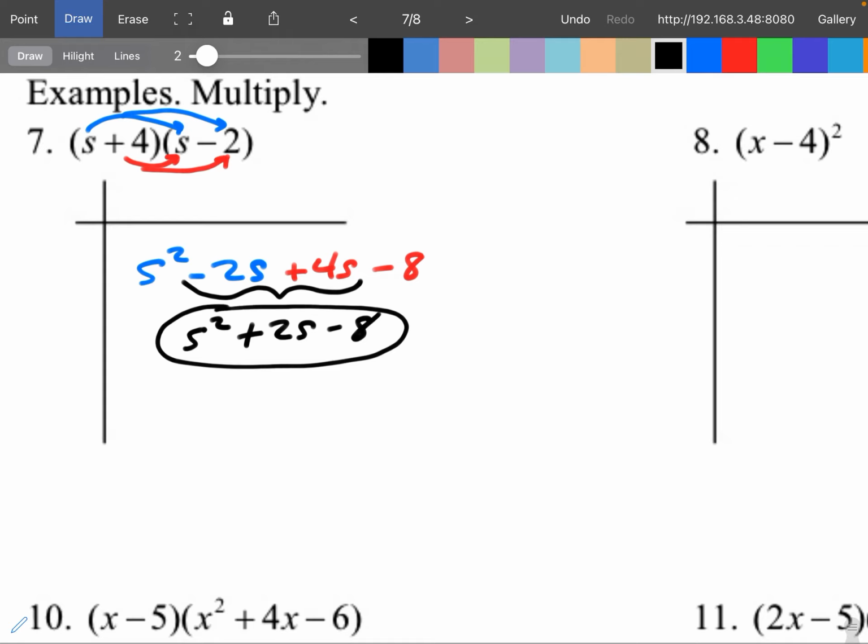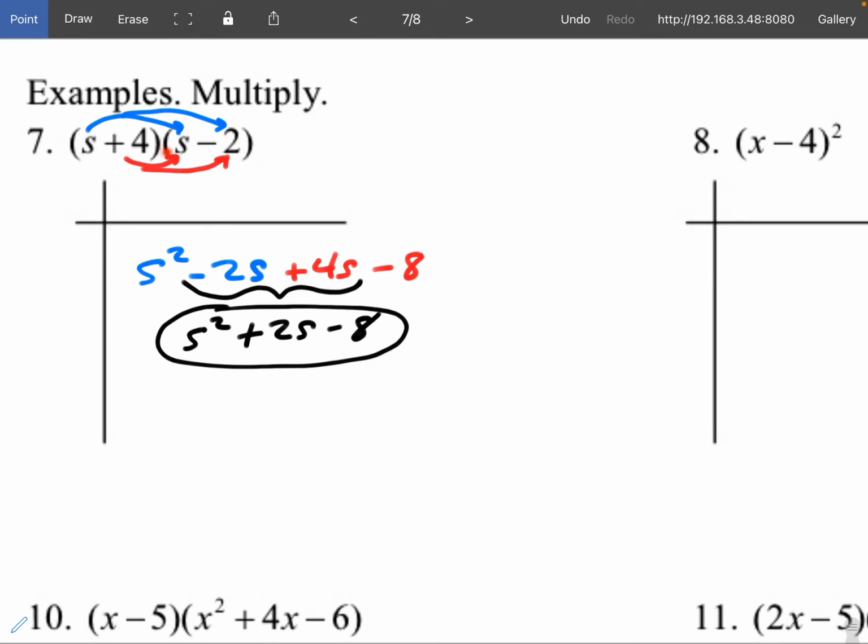Now, why do they call that FOIL? Well, it's because if you look at what we did there, we multiplied the S times the S first. That's the first terms in each binomial. Then we did the outer terms, that first S times the negative 2. Then we did the positive 4 times the S, that's the inner terms.